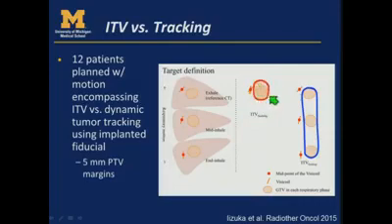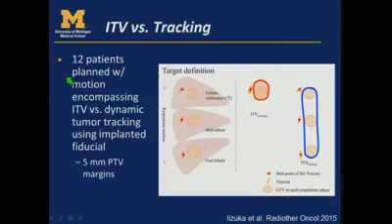So your tracking ITV is slightly larger than, say, your GTV that you would draw on a contrast scan or an MR, but compared to the full extent of motion with a full ITV, it's potentially a really large reduction in normal tissue dose and in volume of the PTV that you're treating.